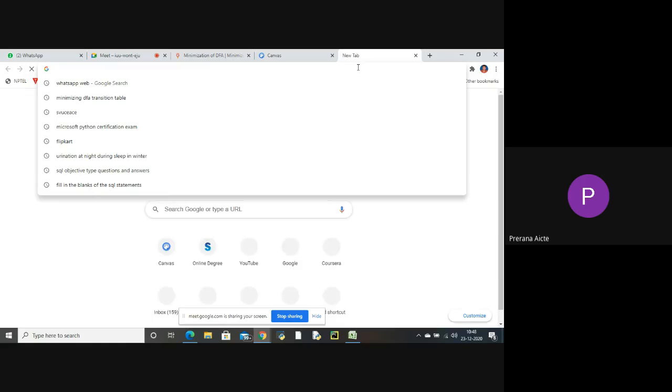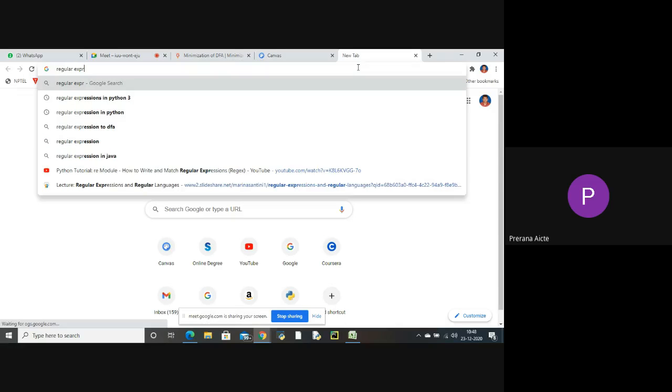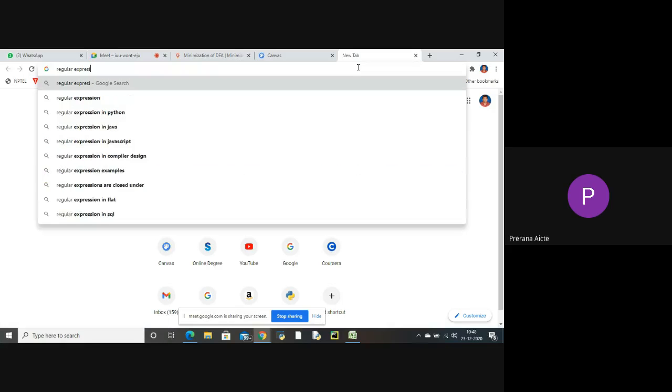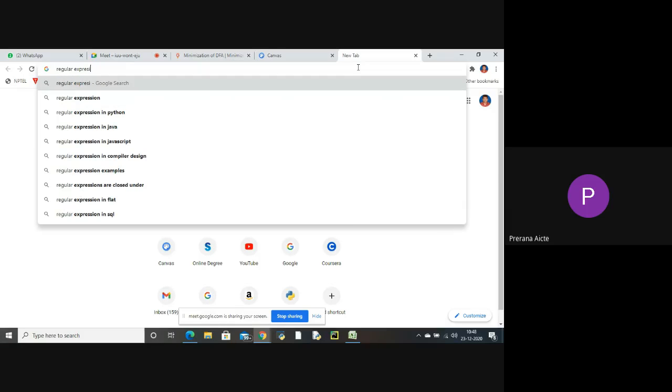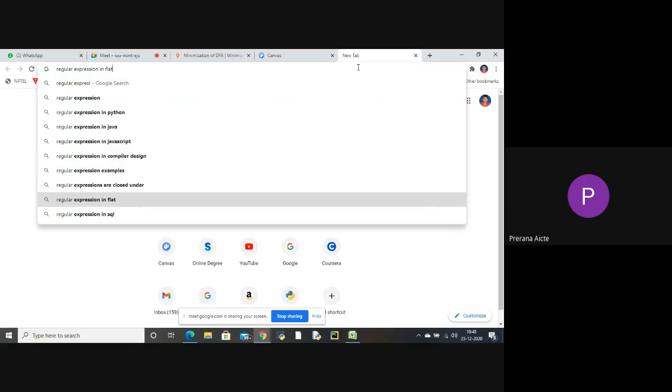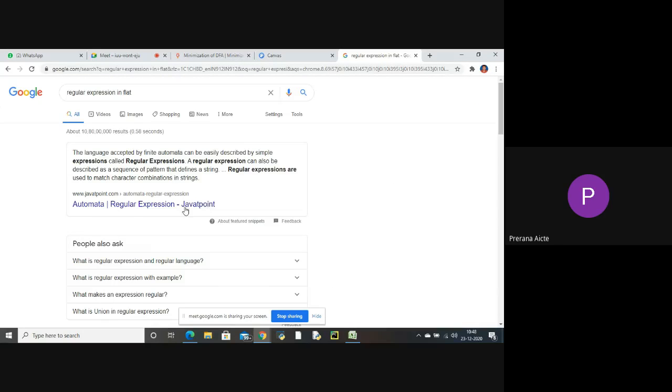A few important points about regular expressions.